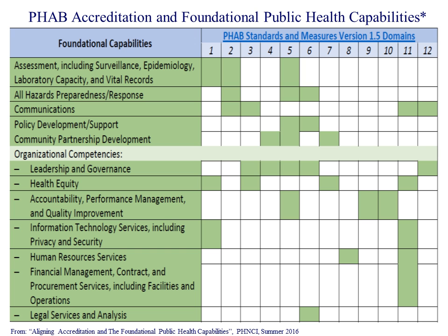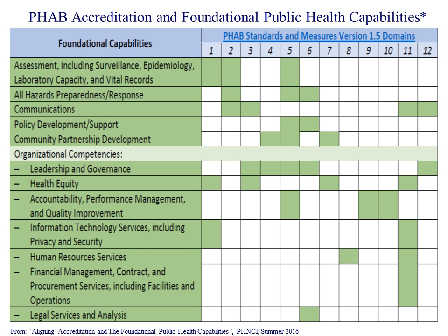You can also see large amounts of overlap in leadership and governance, health equity, and accountability, including performance management and quality improvement. Again, if you look at PHAB standards and measures, this doesn't come as much of a surprise, right? Because there are a substantial amount of standards and measures focused on engaging leadership and governance in public health agency activities.